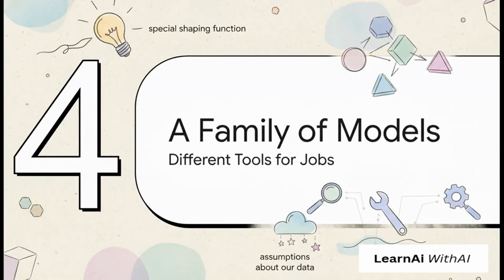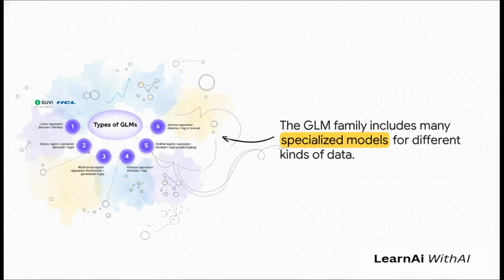So now you can see how this works. By just swapping out that shaping function and making a few different assumptions about our data, we can create this whole family of specialized models. And here they are, some of the stars of the GLM family. You've got your linear and logistic regression, of course, but you also have Poisson regression for counts and a bunch of others. They all share that same simple linear core, but they're each specialized for a different job.